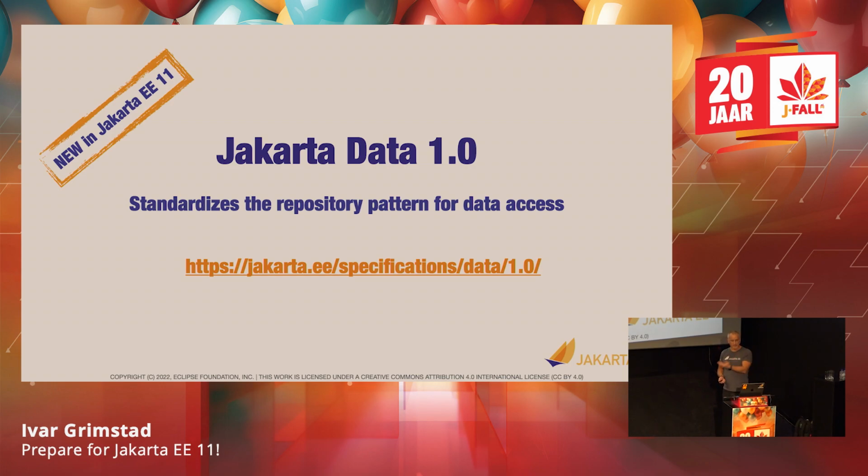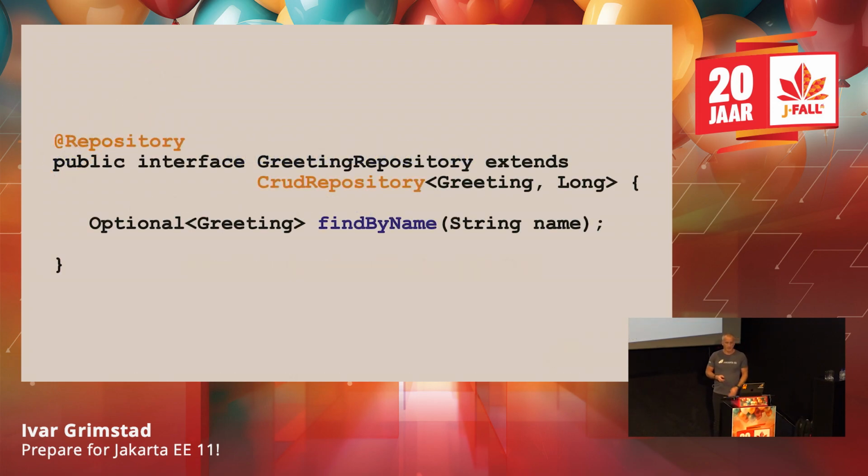And we also have people from the Spring team participating in this specification as well. So we're doing it the right way. We have support from the vendors, and there's good things going on. They have a milestone out there. They have an implementation available, and the code will look typically something like this. The @Repository annotation is a new one, just indicating an interface is, in this case, a CRUD repository.